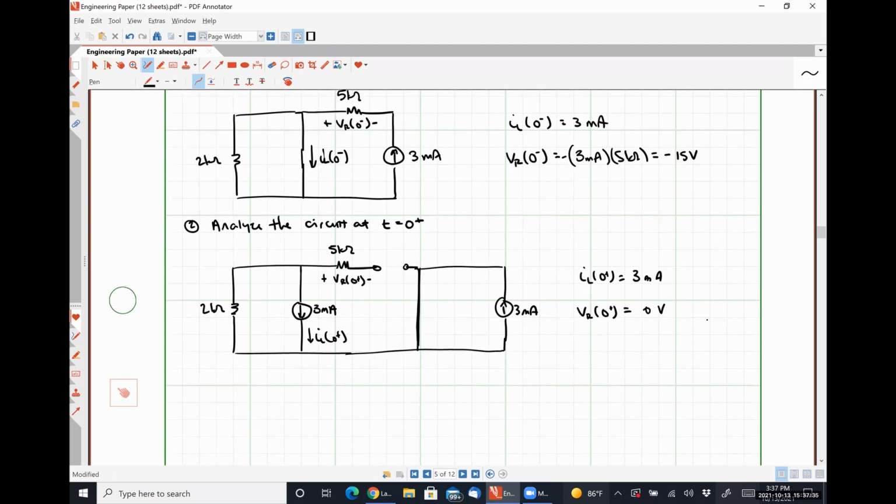We are electing not to analyze the circuit at t equals infinity here because we know the answers are just going to be 0 in this case, so I'm going to save us a little bit of time. Step 4: determine LEQ and REQ during the transient condition.